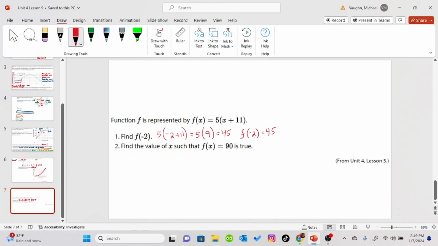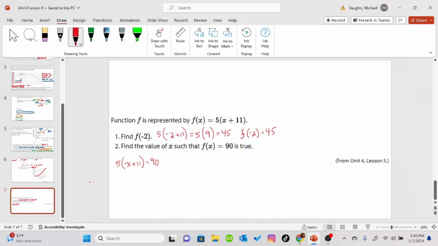And number 2, find the value of x such that f of x equals 90. Well, we said f of x equals 5 times x plus 11, and now we're saying f of x equals 90, so we're going to set 5 times x plus 11 equal to 90.